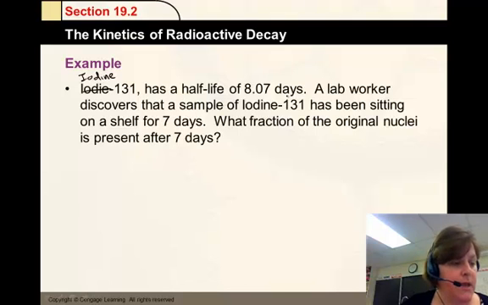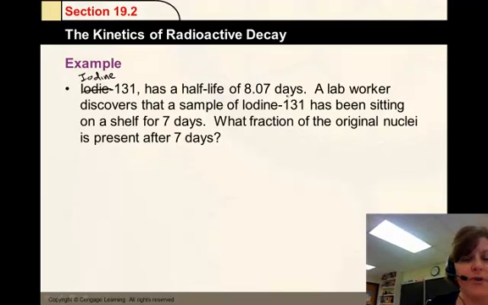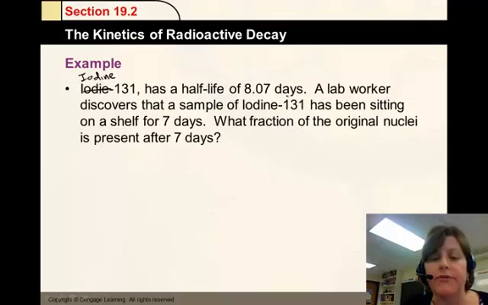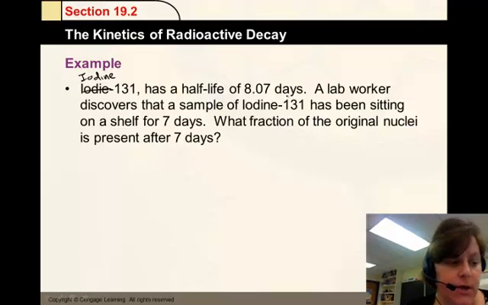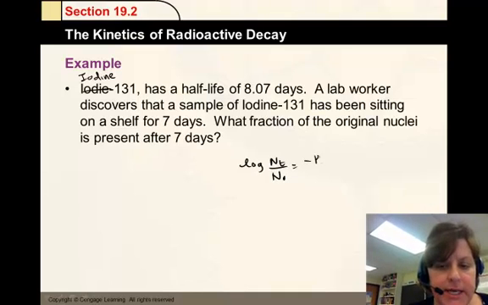All right, so let's use this formula, from our earlier discussion of half-life and order of reactions: log Nt over N naught equals minus kt over 2.303.